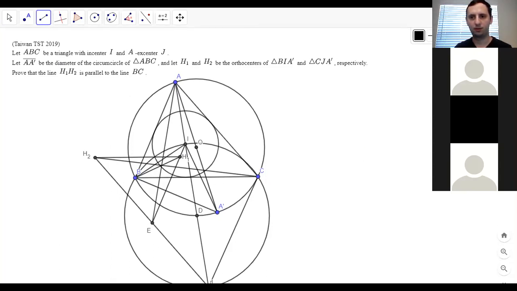We cannot use it directly because we will use it to prove that H1H2 is parallel to BC. So you use the SARGs in the reverse direction, I think.